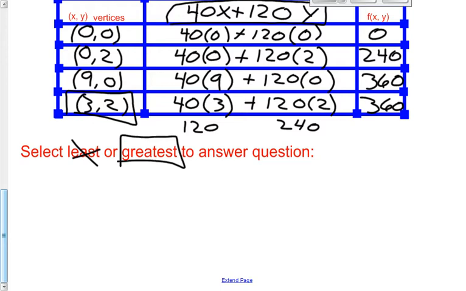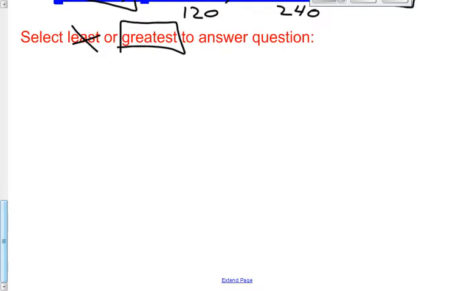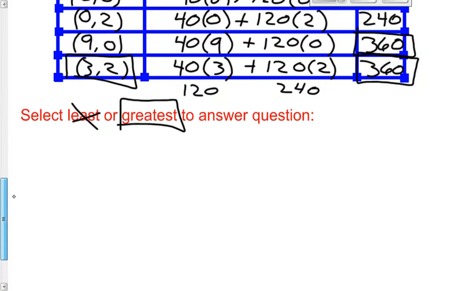As you can see, Ethan has some options here, doesn't he? He can do either one of these, and that would maximize his profit. So we could say, select, and I want you to write a little sentence that explains to me that you know what you're doing.